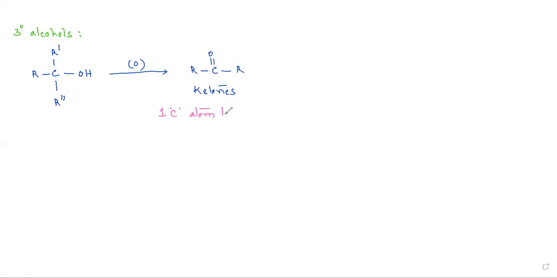So coming to 3-degree alcohol. On oxidation, 3-degree alcohols give ketone, but with one carbon atom less than the parent alcohol that we have started with.